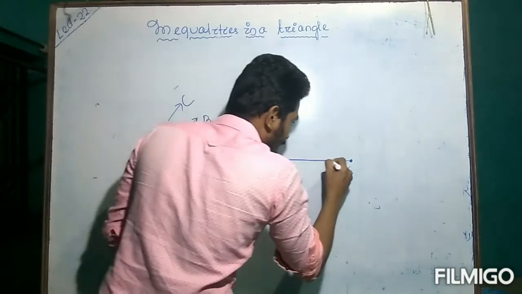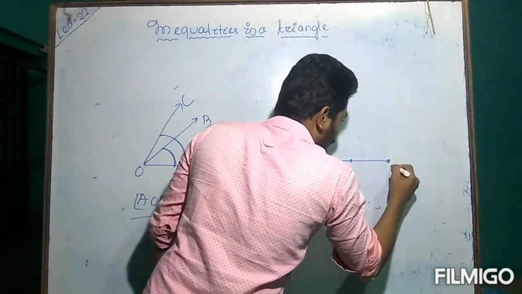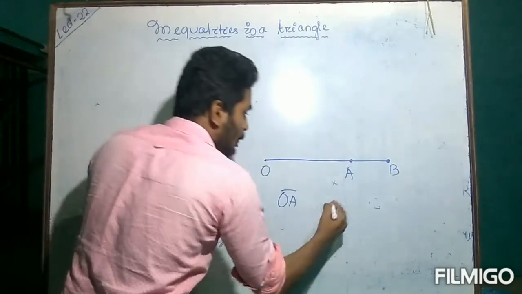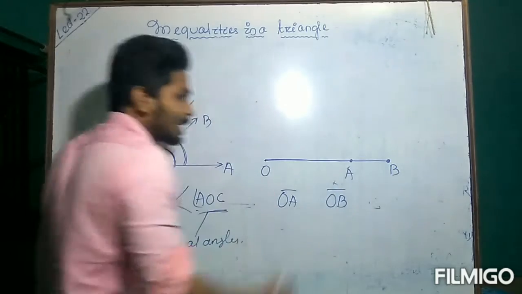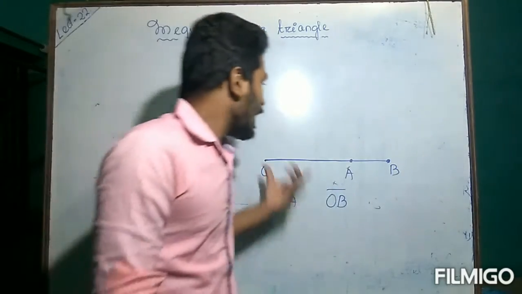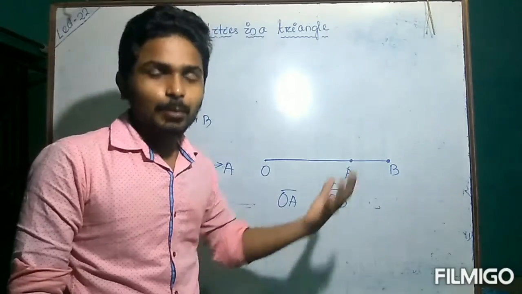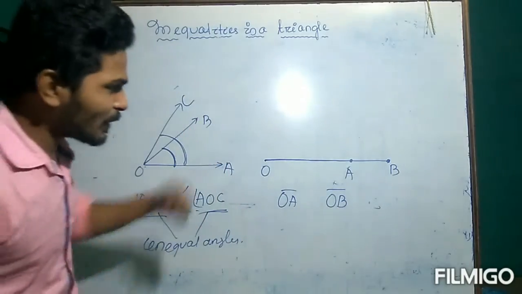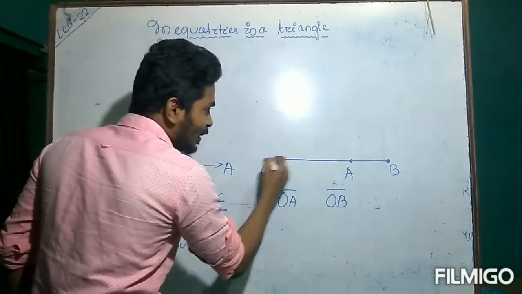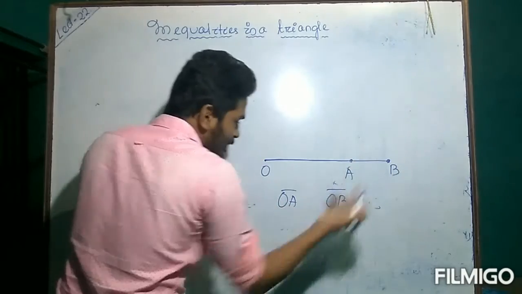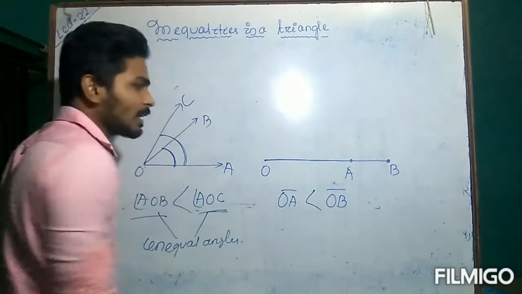Suppose another line segment is OB. Now your task is to find out, of these two line segments, which is greater and which is smaller. Now easily you can find that OA is always less than OB. Simple thing. So you can write OA less than OB.